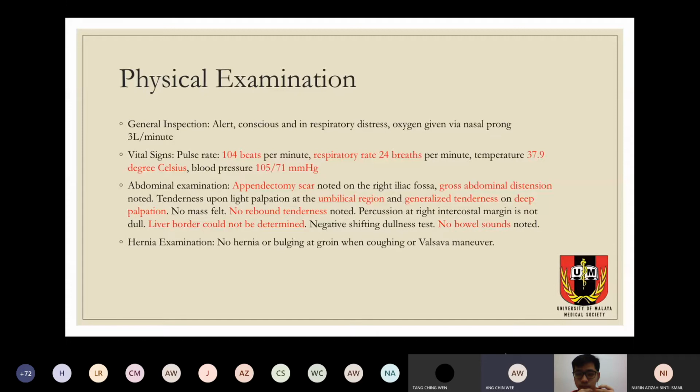So a 65-year-old man, if he's previously diagnosed with hypertension and does not take his medication, what do you think his normal blood pressure is? Should be higher, a lot higher, right? Should be at least 130, 140, if not 150. And in fact, it's only 105 systolic. So that already tells you he's in shock.